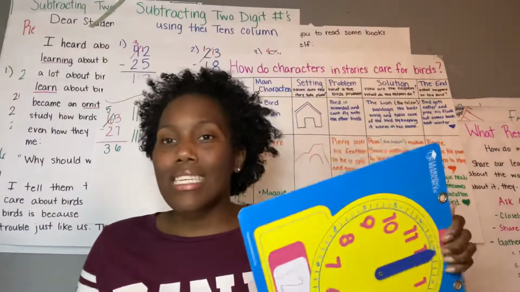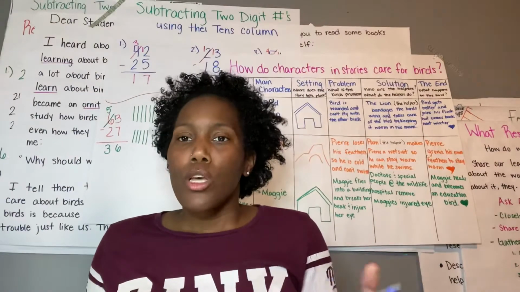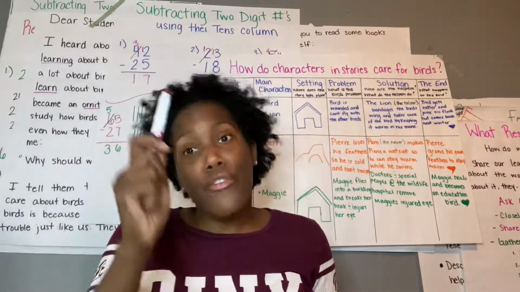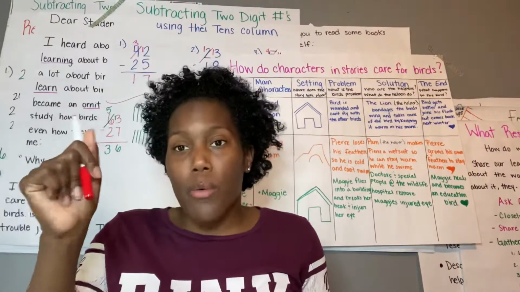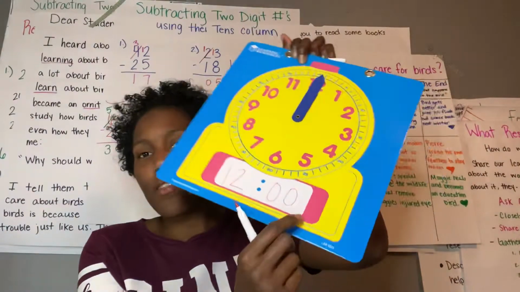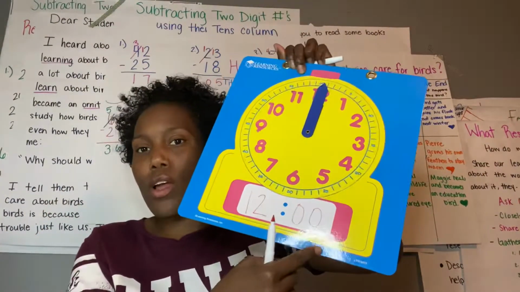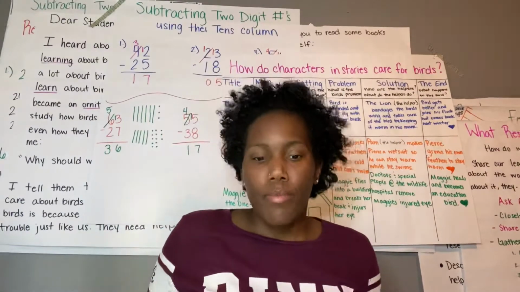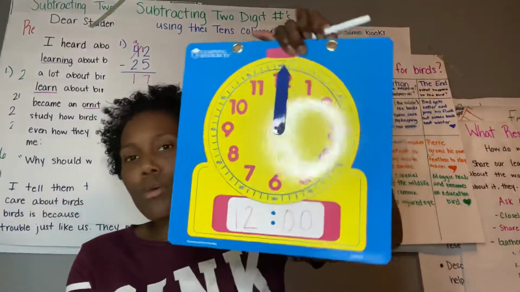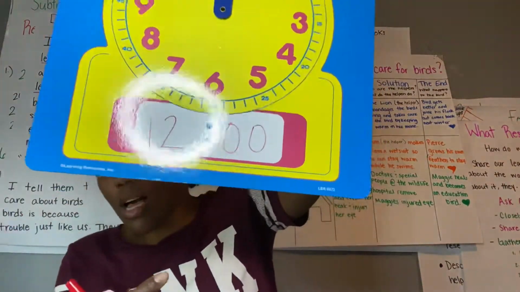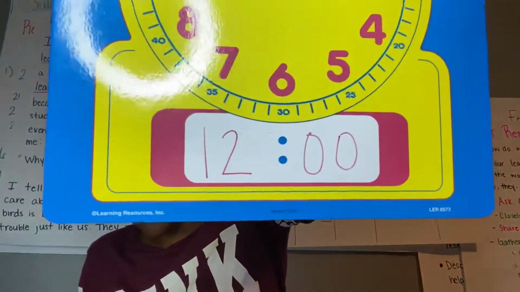Remember, there are 60 minutes in an hour. So when we get to 59, the 60th minute, we're starting a new hour. We don't say 59, 60. It would say 59 and then go back to 0 to start that new hour. Okay? So this is how we show 12 o'clock on an analog clock and 12 o'clock on a digital clock.